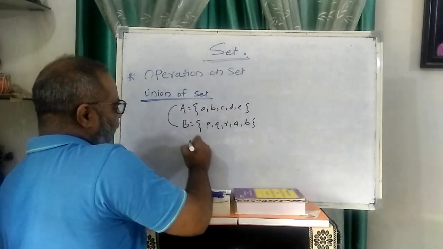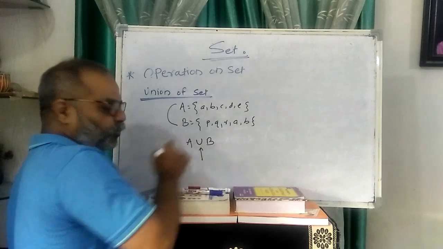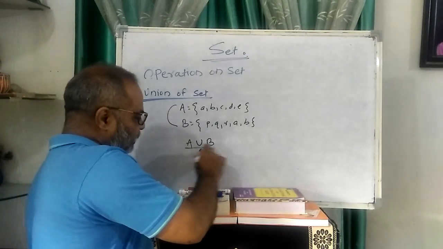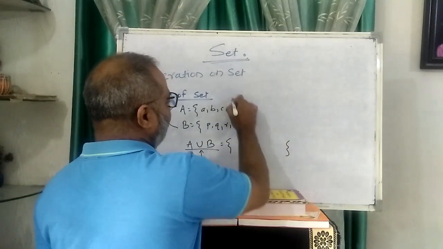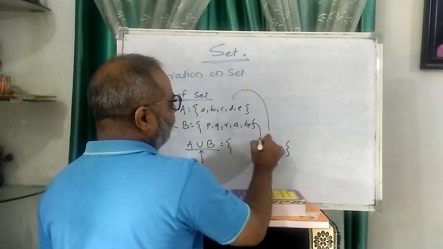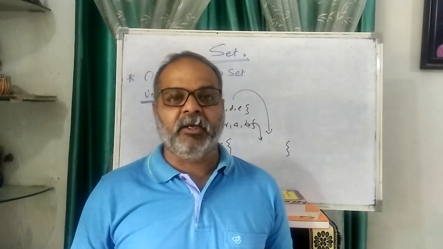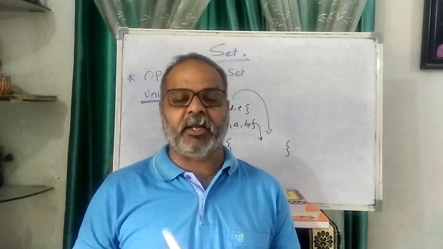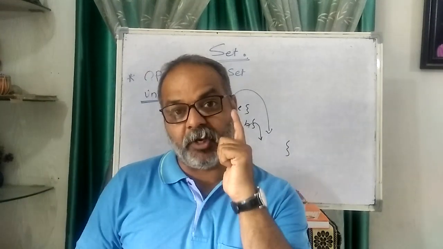So it is written as A union B. This is the symbol of union and it is read as A union B. So I take all elements of A and all elements of B here. But one property we know is that if there is a common element or an element is repeated, we write that element only once.